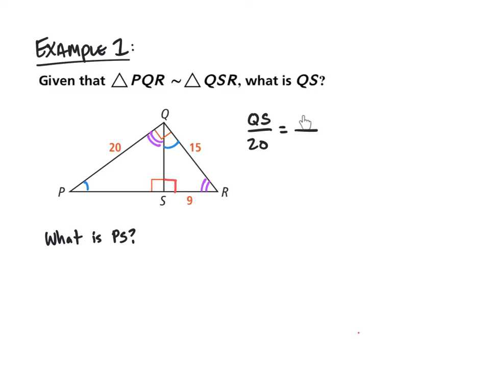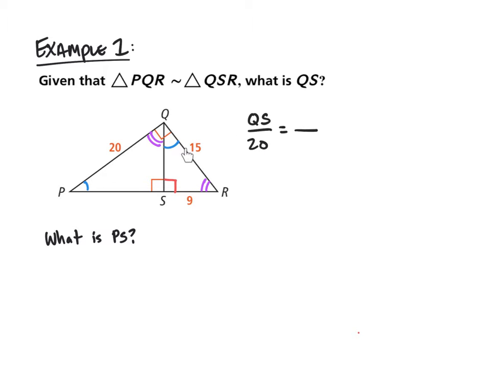Then I need to set up another ratio, hopefully where I'm not going to introduce a new unknown. If I have another unknown, then I'm not going to have something I can solve. I want to set up this ratio so that there are numbers in both these places, or at the very least, if there is an unknown, it's the same one that I have here, which is QS. So let's look at the top number that we're going to use.